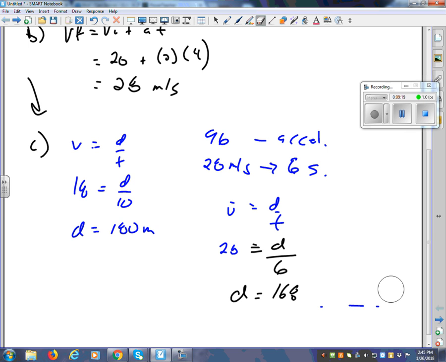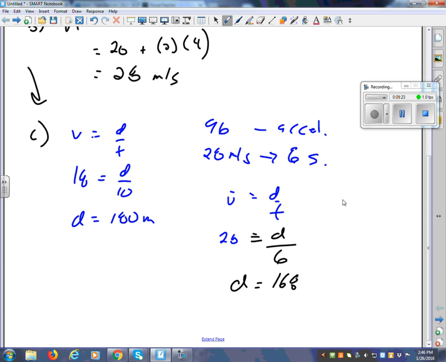So yeah, you've got to add those two distances together, right? So the car travels a total distance of 96 plus 168. Now, how would you add those two in your head? Take the 96, round up to 100. 100 plus 168 is 268, and then subtract 4.